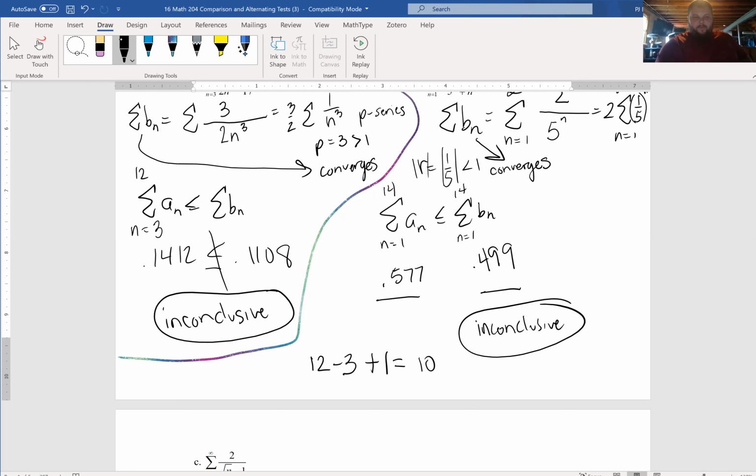So if you literally count on your hand starting at 3 and go up to 12, you'd count 10 numbers. The reason you add the 1 is because you have to start with the first number. If you just subtract the 3, you're eliminating starting at the first number. So if you ever want to do exactly 10 terms, just take the number you come up with for the top minus the bottom one plus 1. That'll tell you how many terms you're taking.